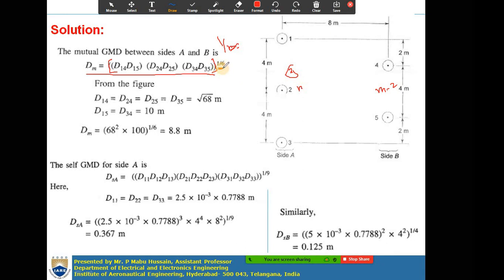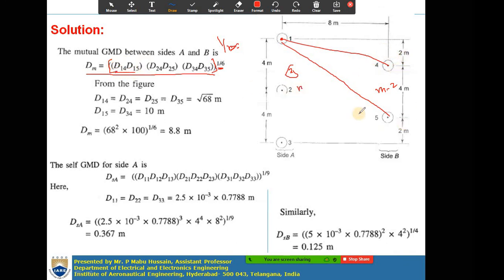Then you have to consider all the mutual distances. Take side A and consider strand 1. From strand 1, the mutual distances are 1 to 4 and 1 to 5, and that product is the first term.